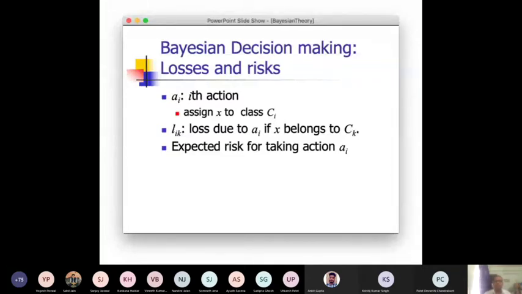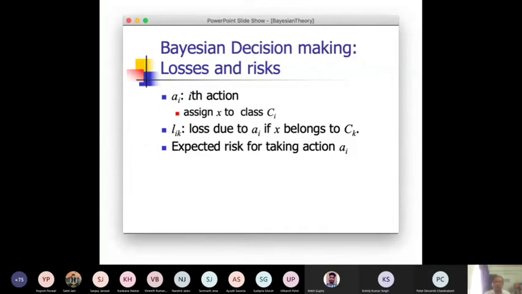So now the question is what is the expected risk for taking action AI? So that can be considered, as you know, the risk weighted by the posteriors. That means you can consider what is the probability of the class CK given X. And suppose you have taken an action AI.